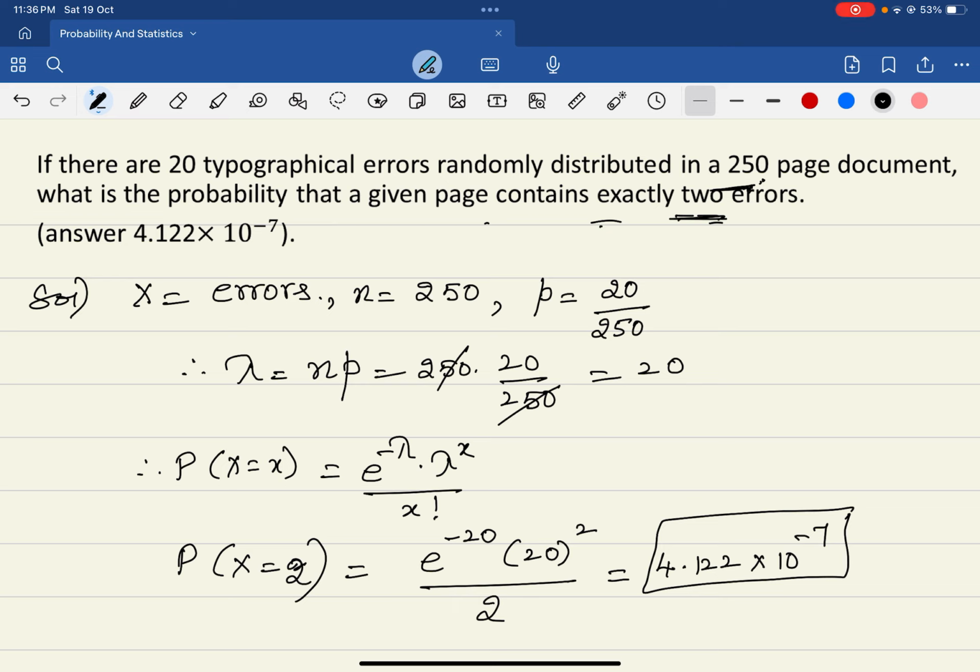And when the number of trials gets big, definitely the probability of success gets very small. That is what you should understand in Poisson distributions.